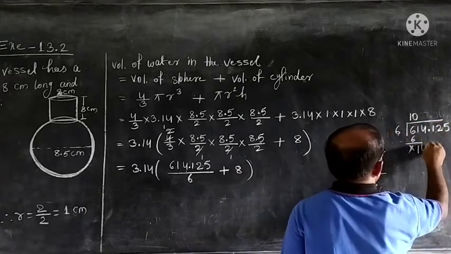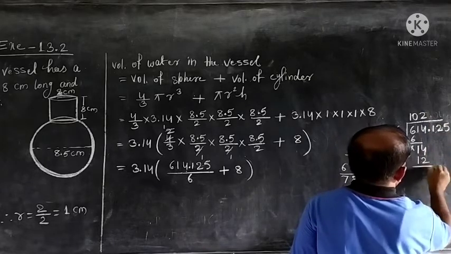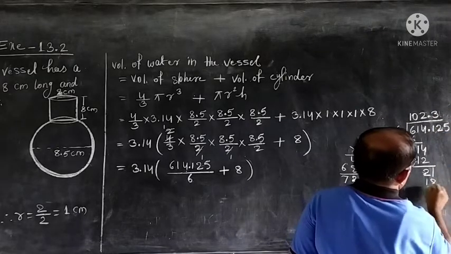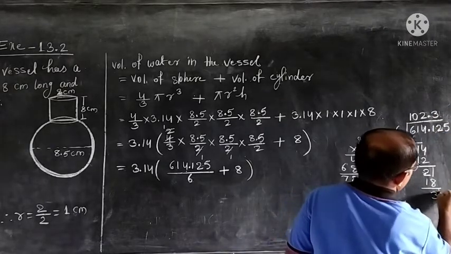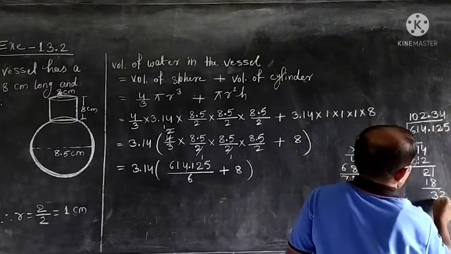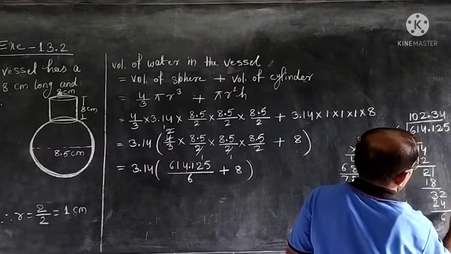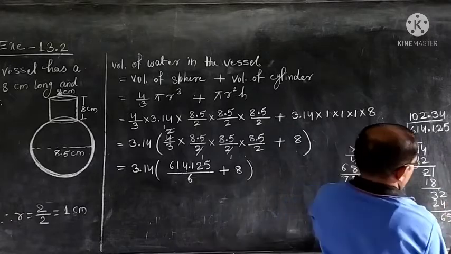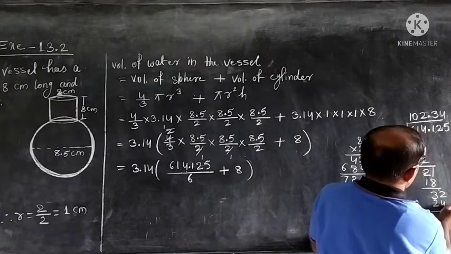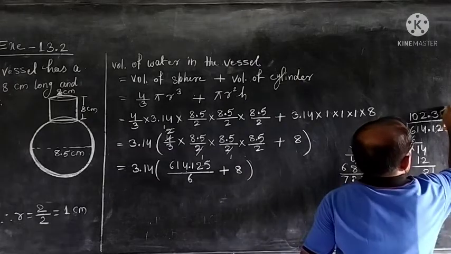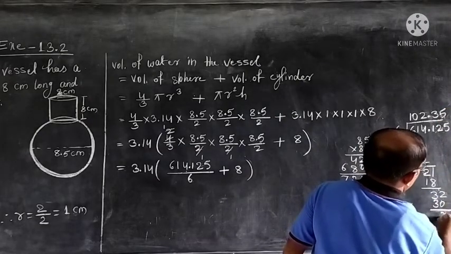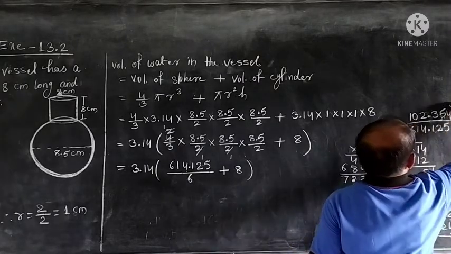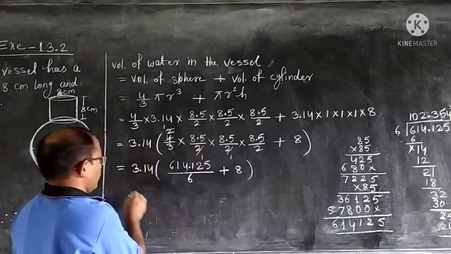So, 0, then 4 will come, 6 2s are 12, 2 remains, now decimal digit 1, 6 3s are 18, 3 remains, 2 comes now here, 6 4s are 24, 6 remains, 5, 6 5s are 30, 6 4s are 24. So, the third digit is 4, we will take the value 102.35.